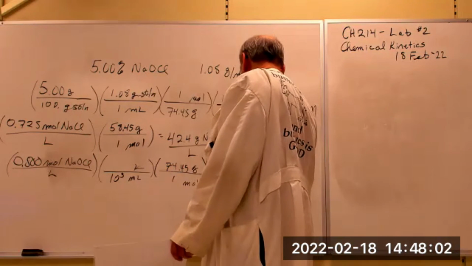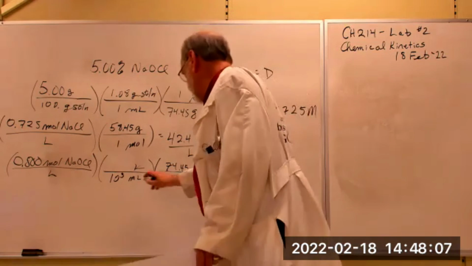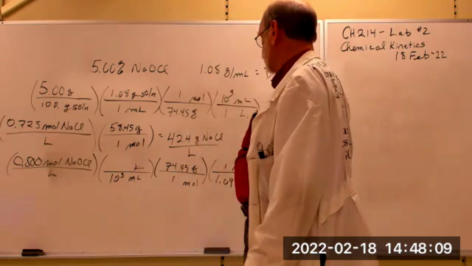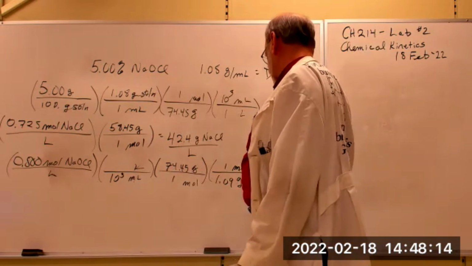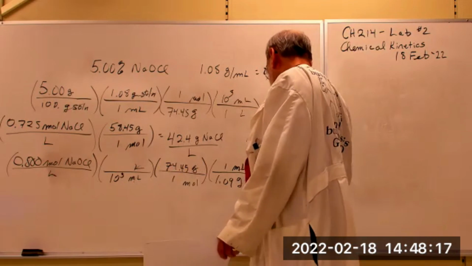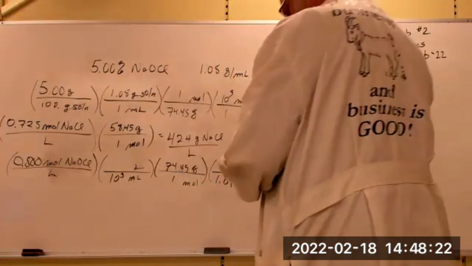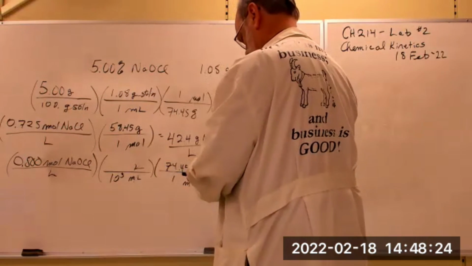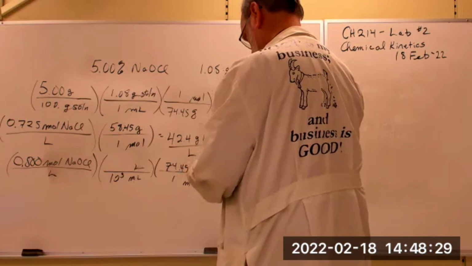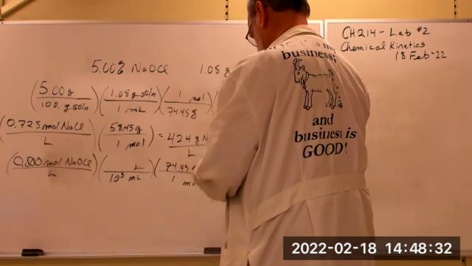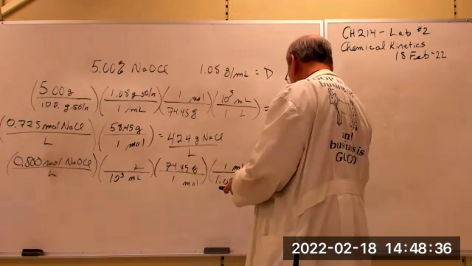So 1.09 grams per milliliter. There we go. But that's only 1 gram, so we need 100 grams. There we go. So that should give us the right answer. Times 100, and then 1.09. So 5.46%.